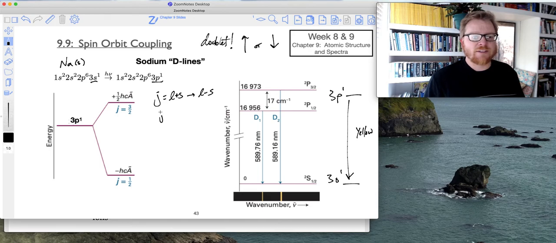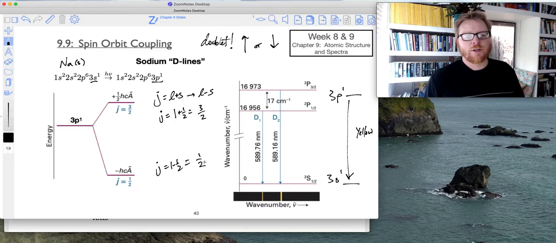So that means that L equals 1. And S is always 1/2. So 1 plus 1/2 gives us 3/2 for the high J value, right? And then, of course, it goes all the way down to L minus S. So that means our J can be 1 minus 1/2. So all the way down to 1/2, okay?